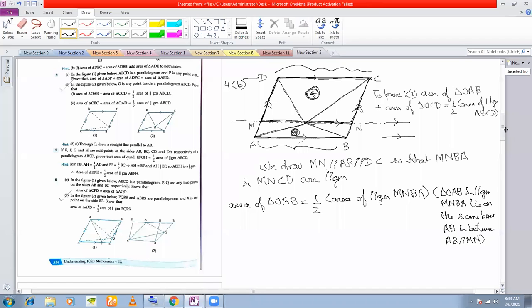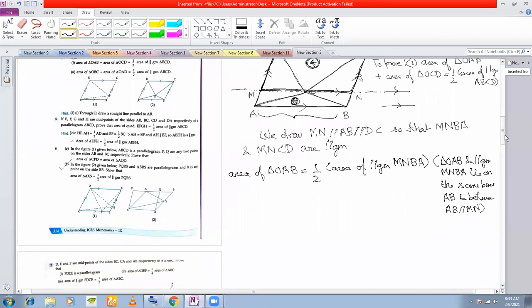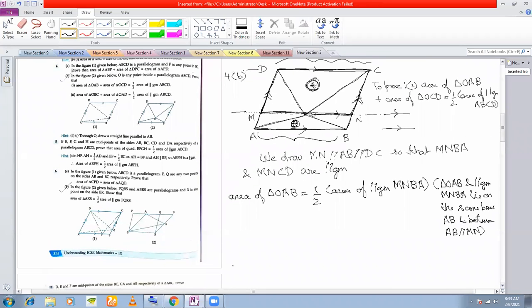Okay, so this one. Next, we write the next one. It is area of triangle OCD. That is, we are talking about this triangle OCD is equal to half the area of parallelogram MNCD.